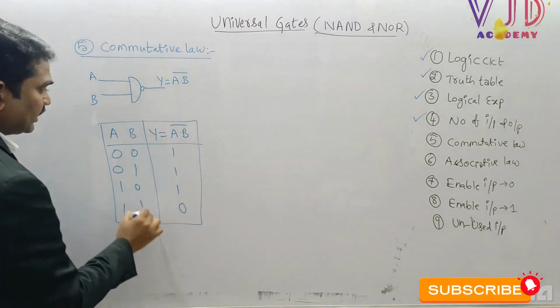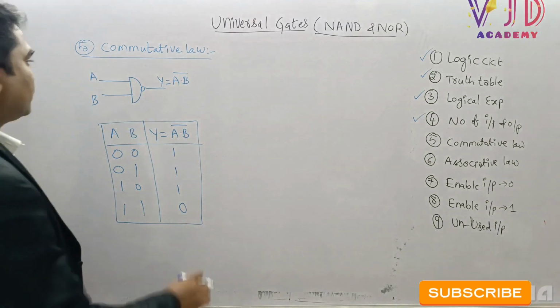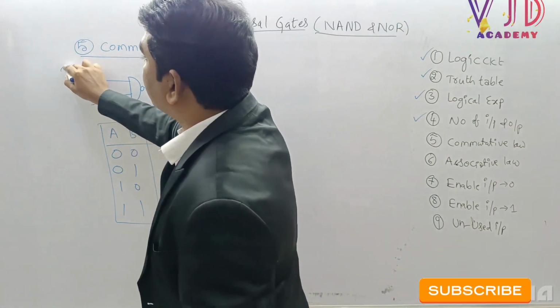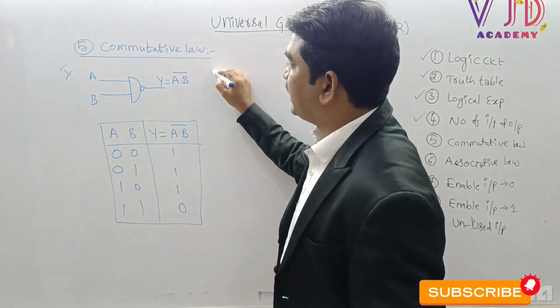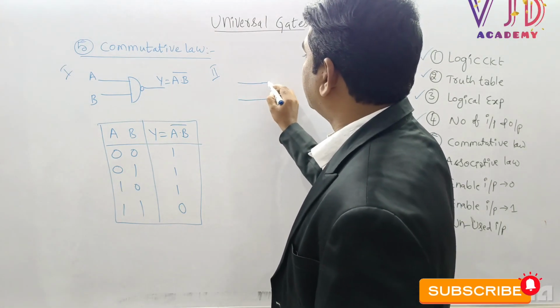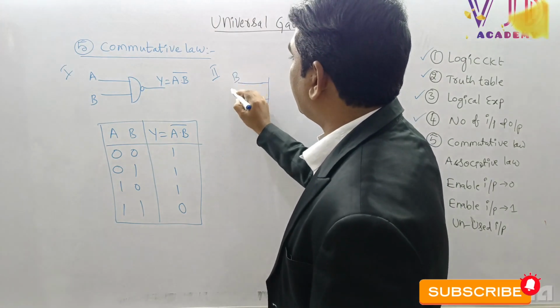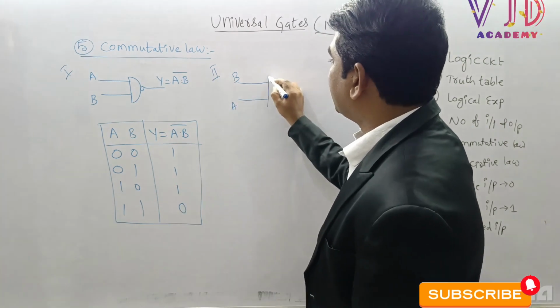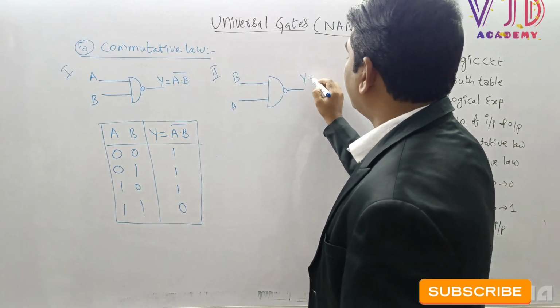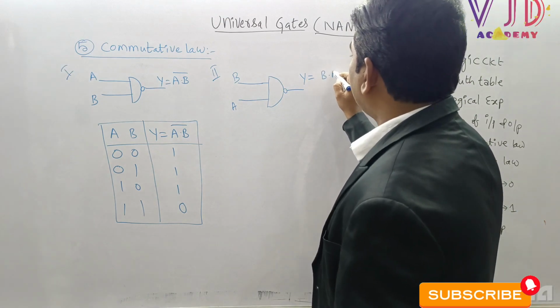Sir, what I am trying to tell here is, suppose I interchange the inputs. This is case 1. Now let me take case 2. The moment I interchange the available inputs, here this is B and now this is A, for the NAND gate, y equal to B into A whole bar.